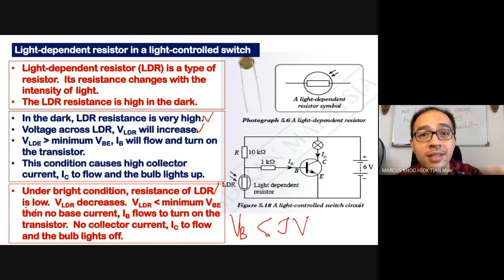Transistor switch on because base current flow. Why is there base current flow? It's base current flow because the base voltage melebihi junction voltage. Why the base voltage melebihi junction voltage? Because the resistance increase. Why the resistance increase? Because it is dark. Okay, because it is dark.